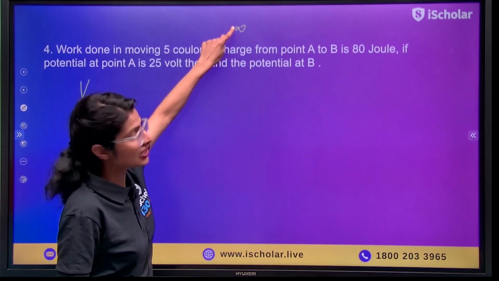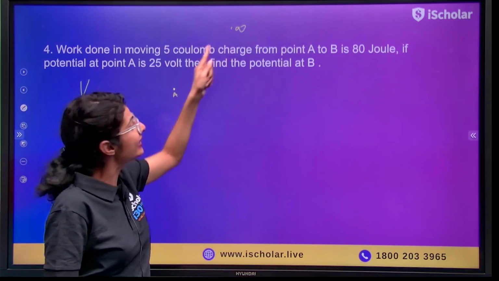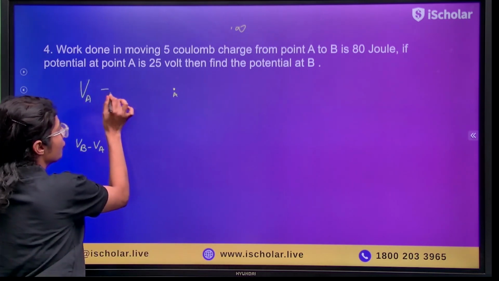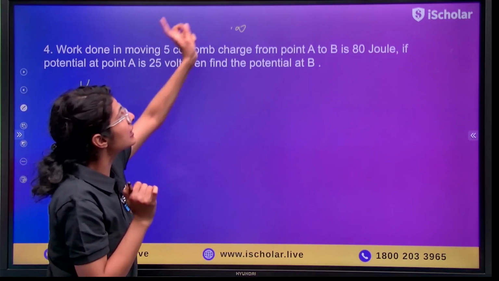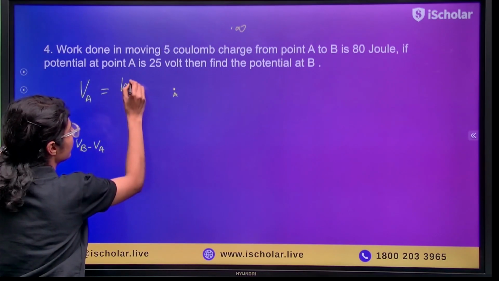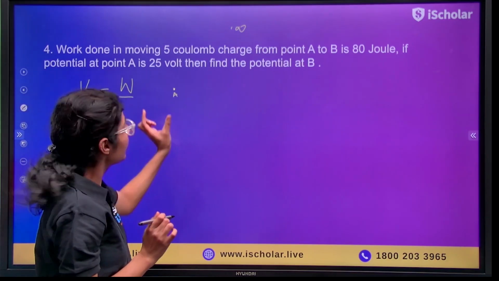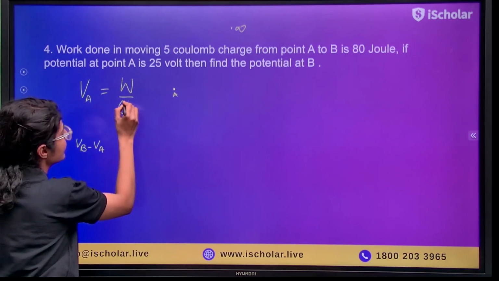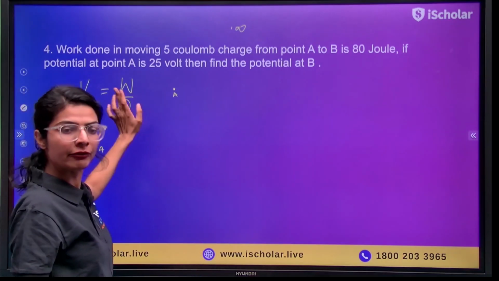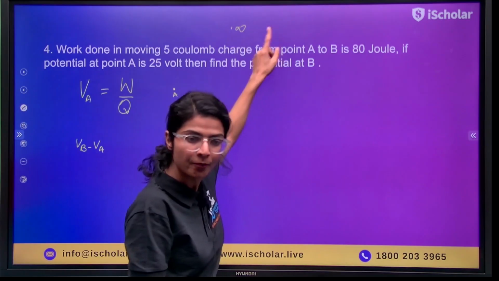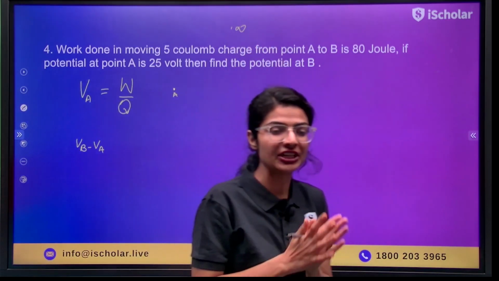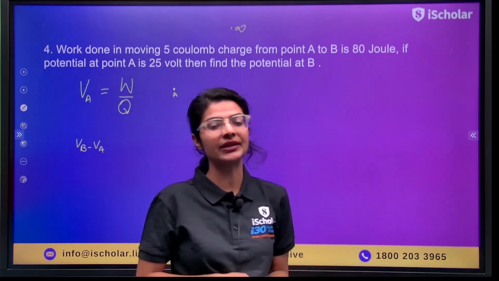So when we bring a charge Q from infinity to this point A, the potential would be defined simply as work done in bringing the charge from infinity to the point A divided by the amount of charge, that is Q. So potential at the point A would be work done in bringing from infinity to point A divided by the value of the charge. Again, this definition is important and is asked in the CBSE exam.